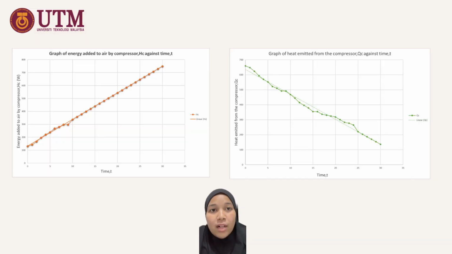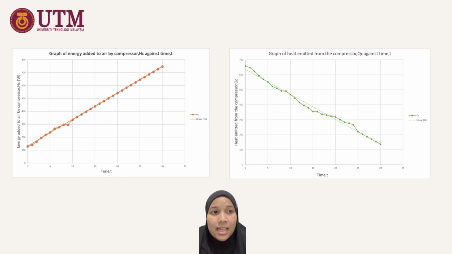Next, we have the graph of energy added to air by the compressor Hc against time t. As we can see, this graph is similar to graph 1, which has increasing data, so it means that as time increases, the energy added to air by the compressor Hc is increasing as well. And the last one, we have the graph of heat emitted from the compressor Qc against time t.